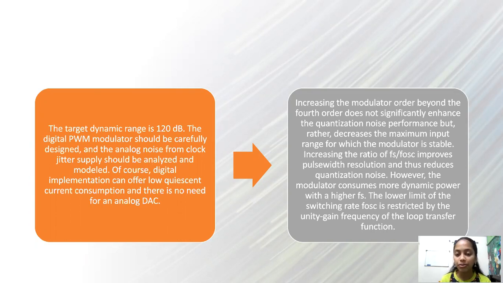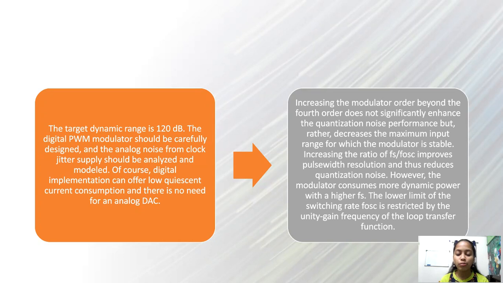Increasing the modulator order beyond the fourth order does not significantly enhance the quantization noise performance, but rather decreases the maximum input range for which the modulator is stable. Increasing the ratio of Fs to FOSE improves the pulse width resolution, which thus reduces the noise.